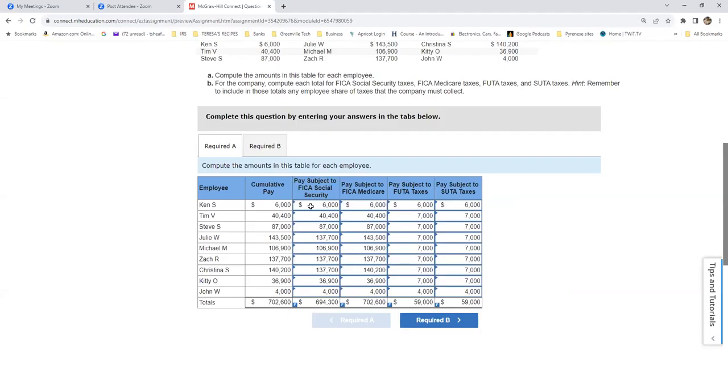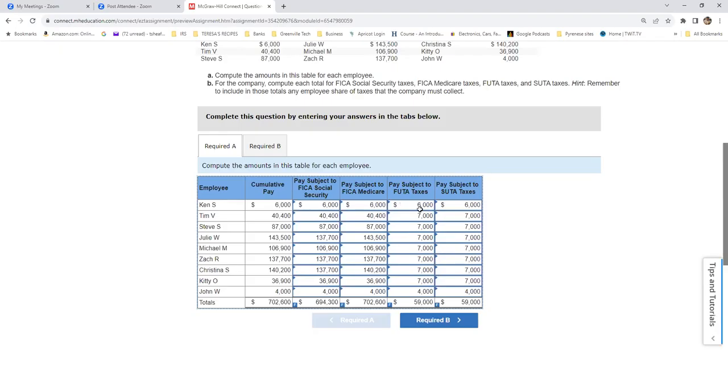You're going to next list what's subject to Social Security, because remember it capped out at 137.7, as we see here for Julie W, Zach R, and Christina X. Then pay subject to Medicare, which is going to be everything because there is no cap on Medicare. It goes into infinity. And so that doesn't require any calculation check.